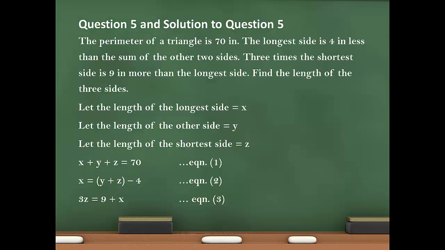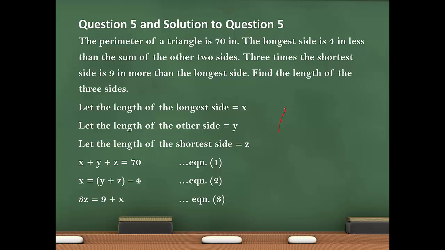Question 5. The perimeter of a triangle is 70 inches. The longest side is 4 inches less than the sum of the other two sides. 3 times the shortest side is 9 inches more than the longest side. Find the length of the 3 sides.